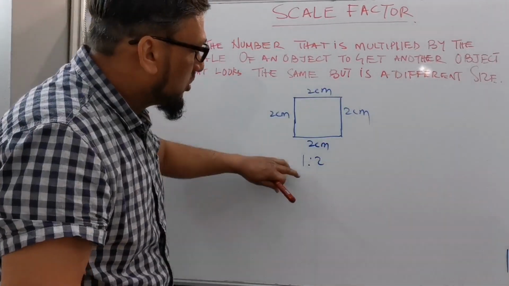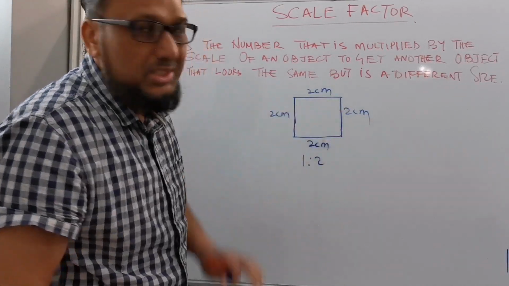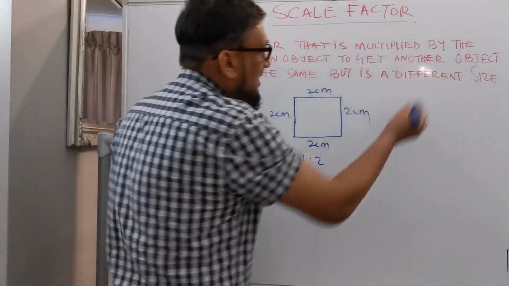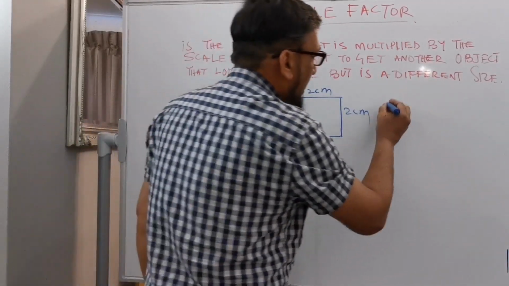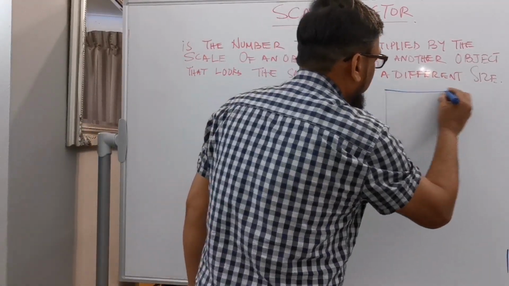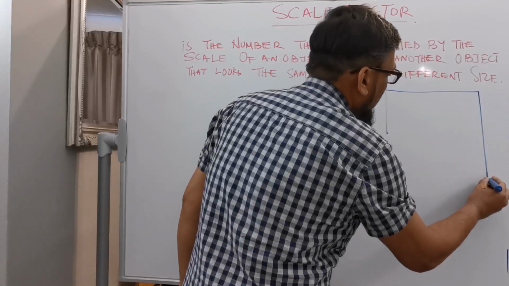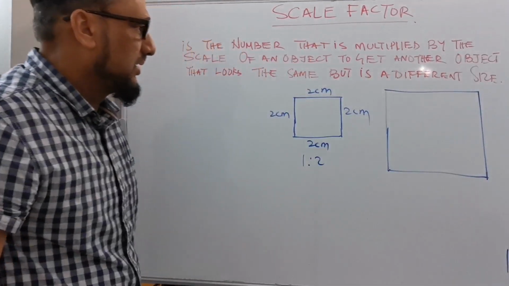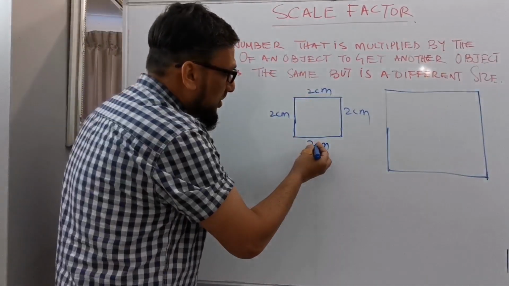So you need to multiply each side by 2. So this is called a scale factor. It means the size is doubled.